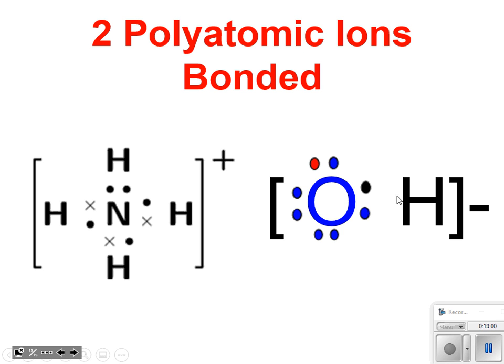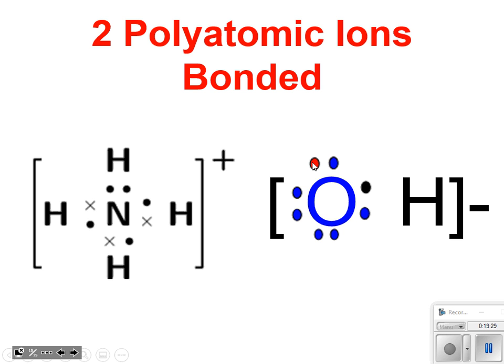Hydrogen's happy here with its 2. This oxygen has 6 around it. The hydrogen 1 makes 7. Therefore, it's missing 1 valence electron to fill the shell. So it covalently bonds right here with the hydrogen, and then it accepts the electron from this hydrogen right there.